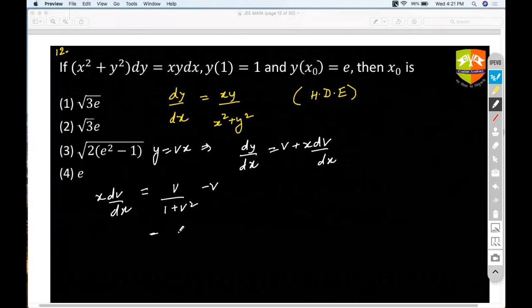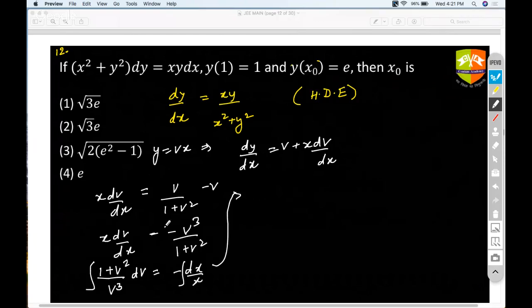So this will become negative of v cube by 1 plus v square, this is x dv by dx. Right? So we'll get 1 plus v square by v cube dv is negative dx by x. Let's integrate both sides.